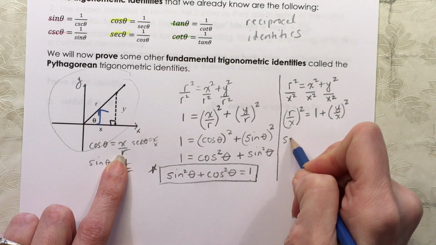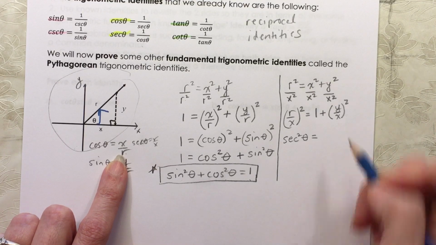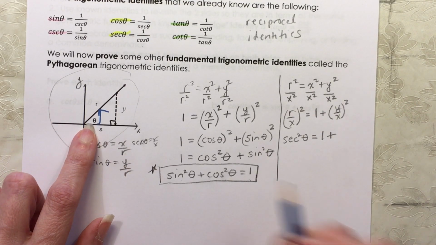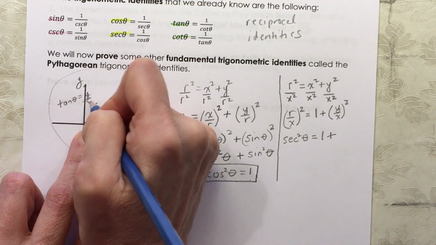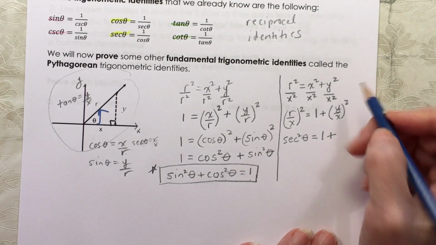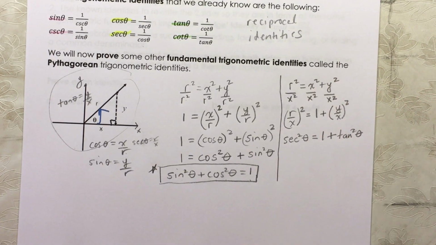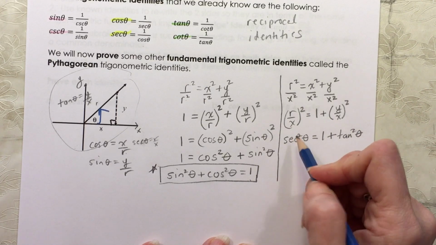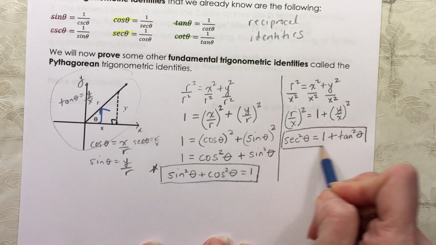So I could write this as sec squared theta is 1 plus, and then we know that it's the tangent of theta, that's y over x. So sec squared theta is 1 plus tan squared theta. Okay, so that is the second Pythagorean identity.